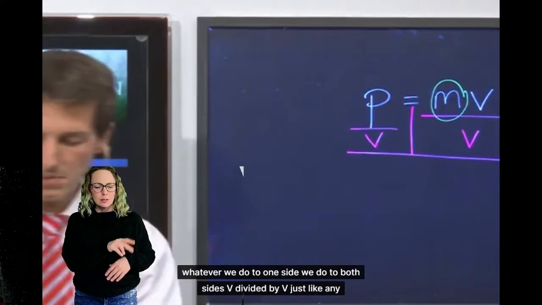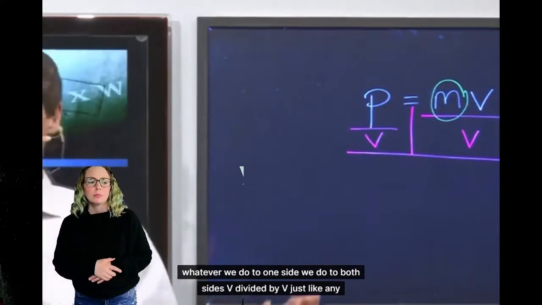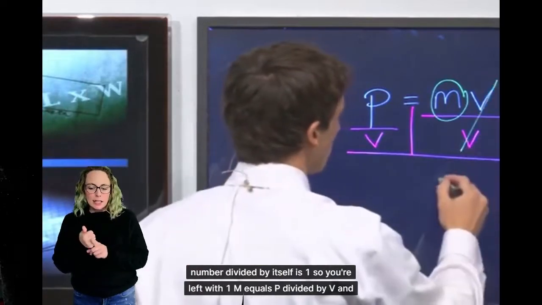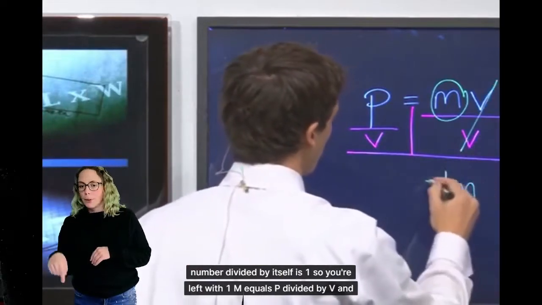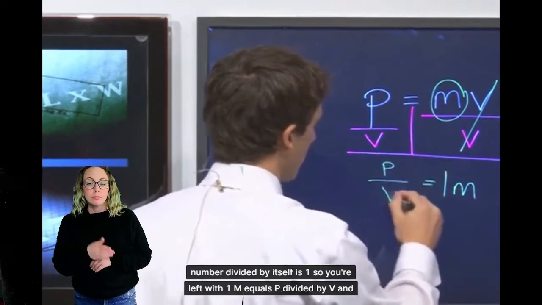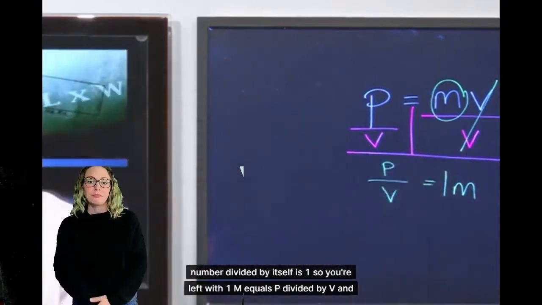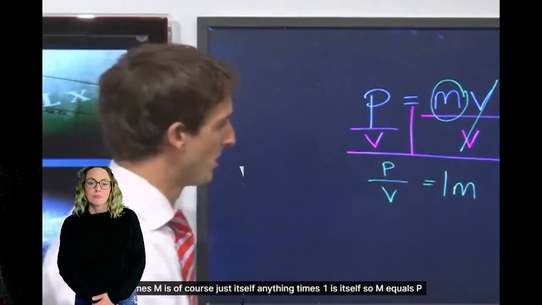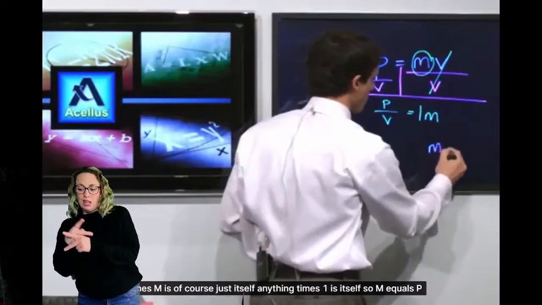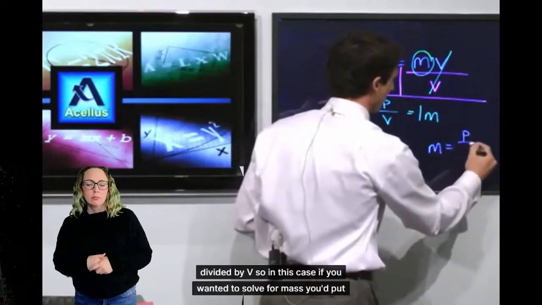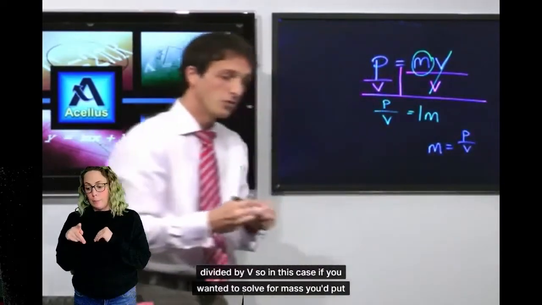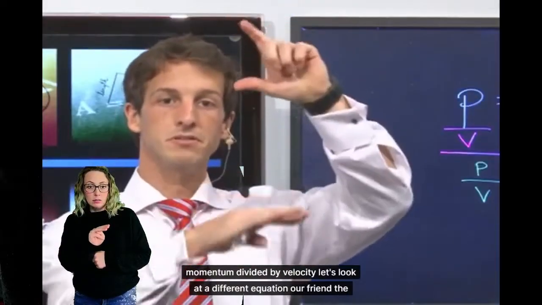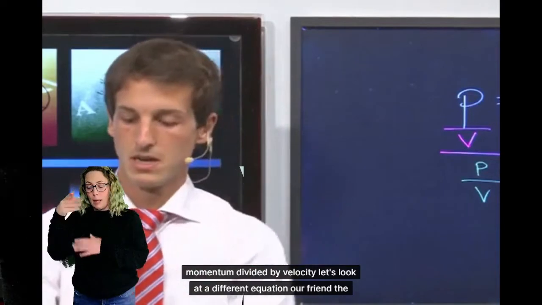V divided by V, just like any number divided by itself, is 1. So you're left with 1m equals P divided by V. And 1 times m is, of course, just itself. Anything times 1 is itself. So m equals P divided by V. So in this case, if you wanted to solve for mass, you'd put momentum divided by velocity.